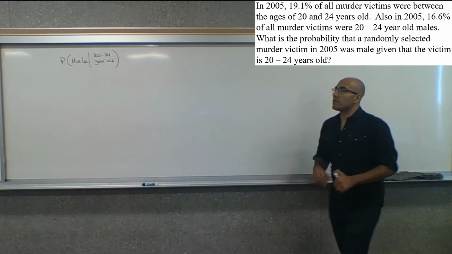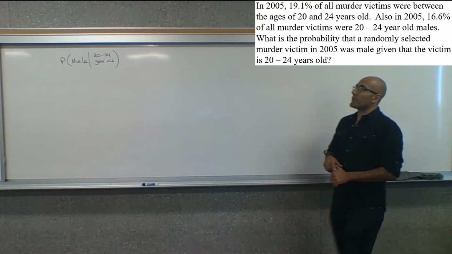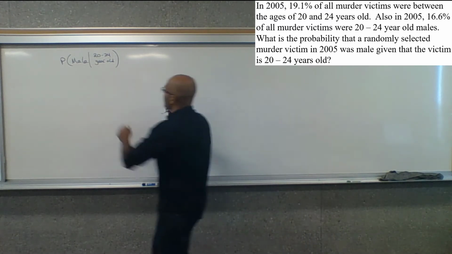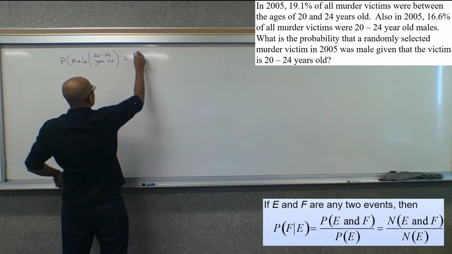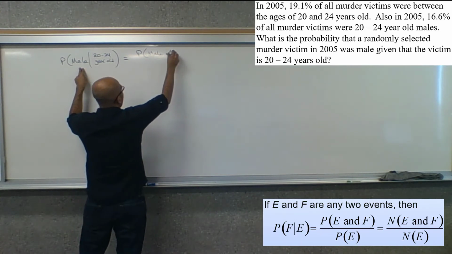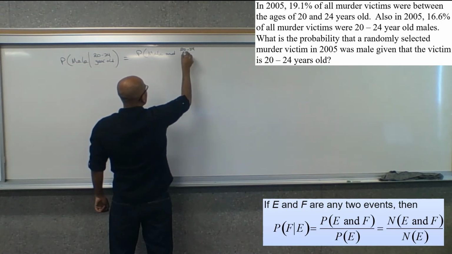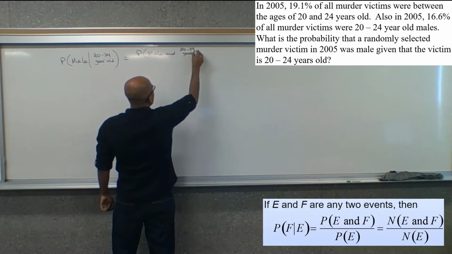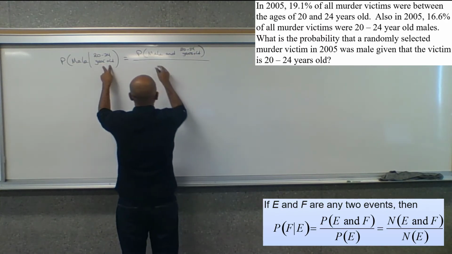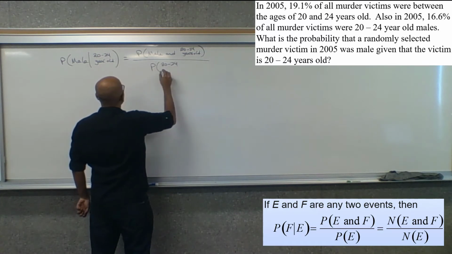Good? So, by my formula, I know that this is going to be equal to the probability that they're male and they're 20 to 24 years old, divided by the probability that they're 20 to 24 years old.